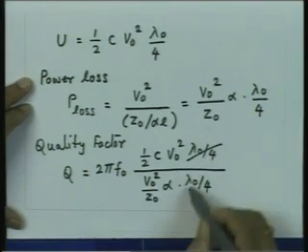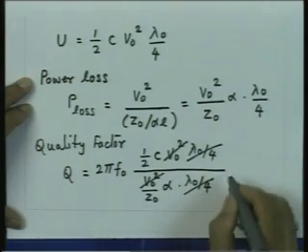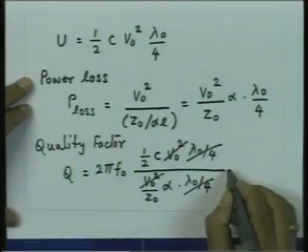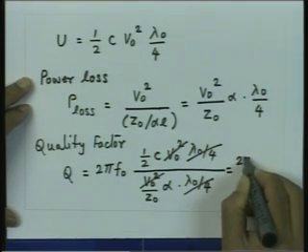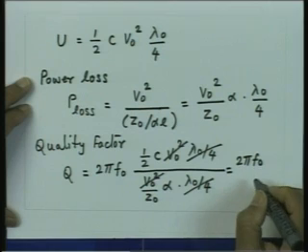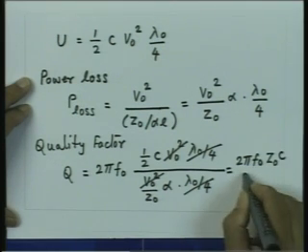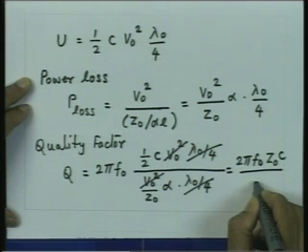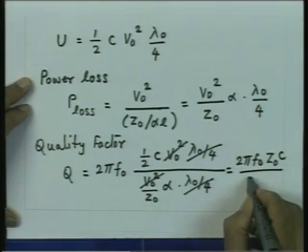So, this quantity cancels, V 0 square cancels. So, essentially we get this equal to 2 pi F 0 Z 0 C divided by 2 alpha.